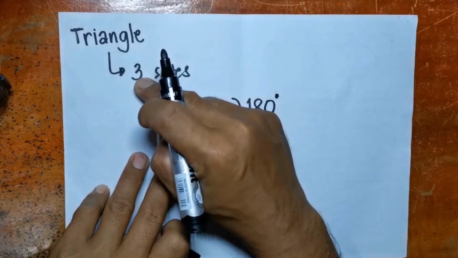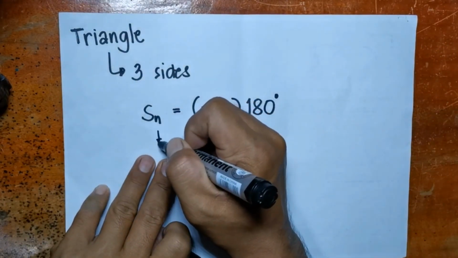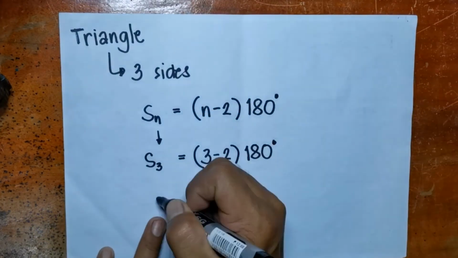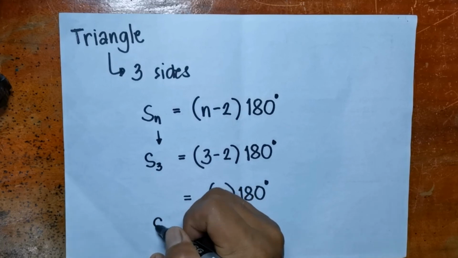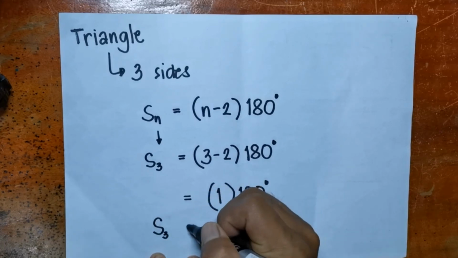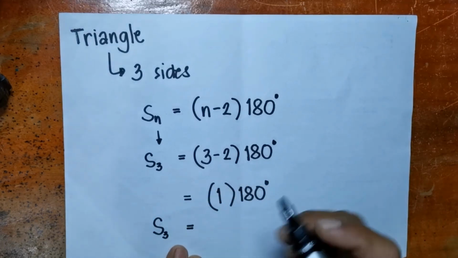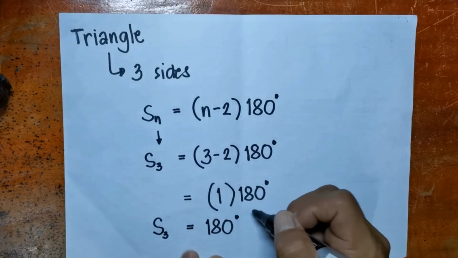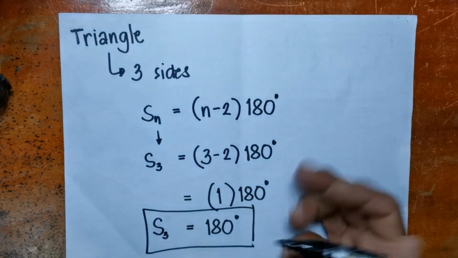And then we just substitute 3 for n. So we will have 3 minus 2 times 180, and therefore the sum of the interior angles of a triangle is 180 degrees. Done.